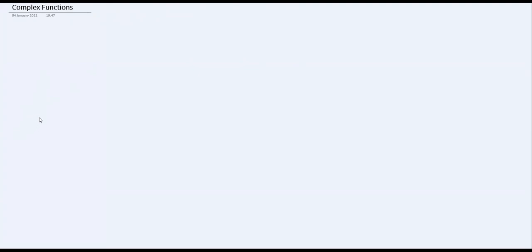Okay. Now, first, definition of complex functions. Just like in real functions, there is a mapping between a domain and a codomain.